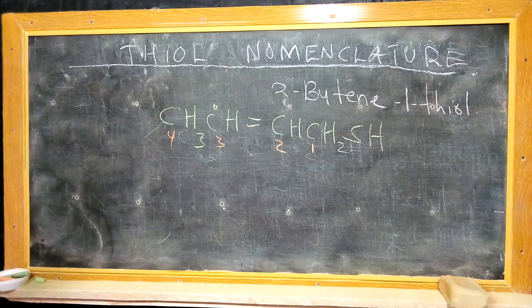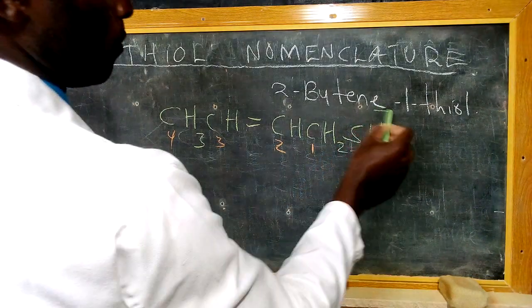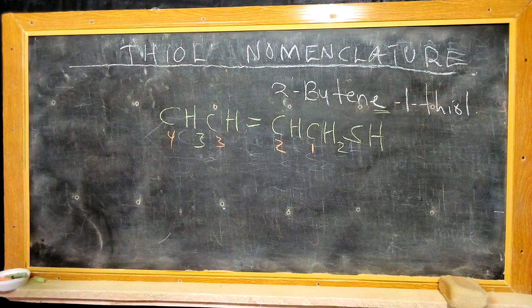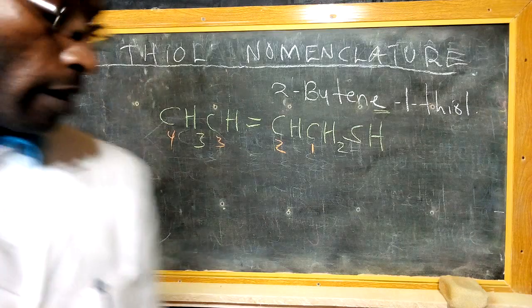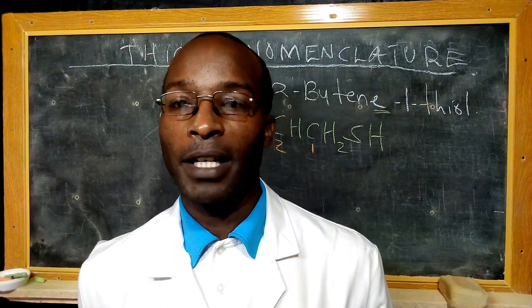Remember, as with the alkanes, we maintain the letter E in naming that; it's not removed. So in that case, we have 2-butene-1-thiol.